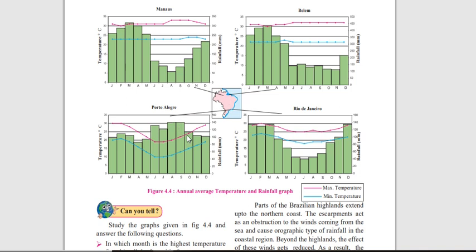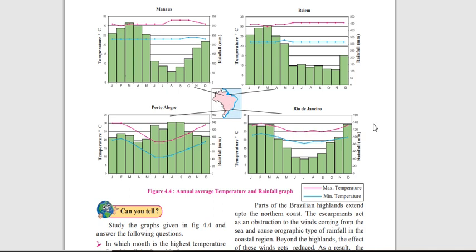And in Rio de Janeiro, it rains the most in January, March, and in December. When does Brazil have its rainy season? Brazil has its rainy season from September to November, as well as from March to May.